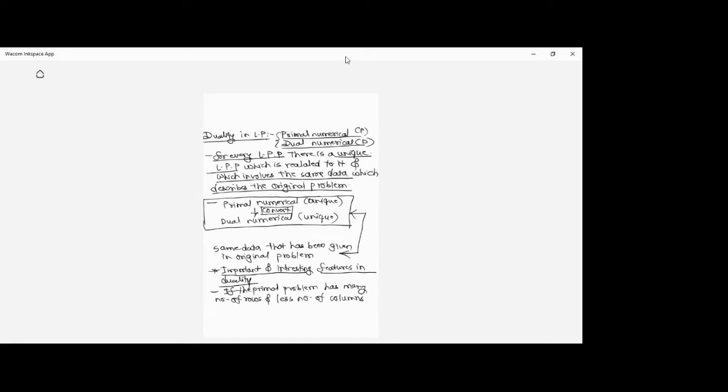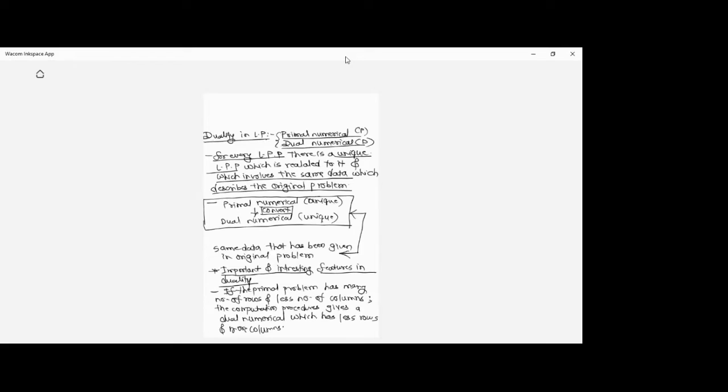the computational procedure for framing the dual gives a dual numerical which has fewer rows and more columns, right?